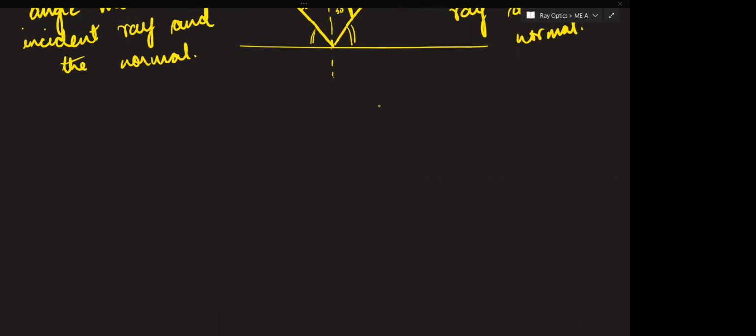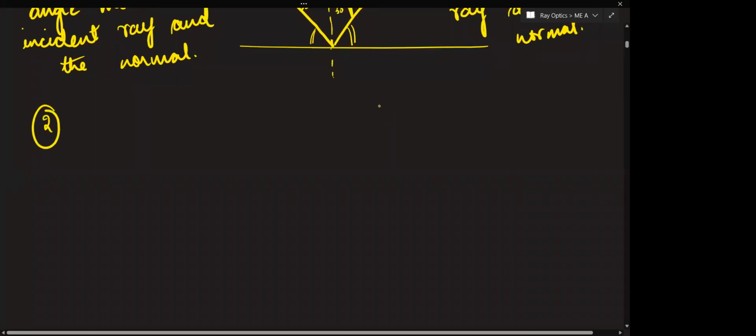The second law of reflection says that all these three rays which I am referring to, the incident ray, the reflected ray, and the normal, they all lie exactly in the same plane. Let me write down the statement first.